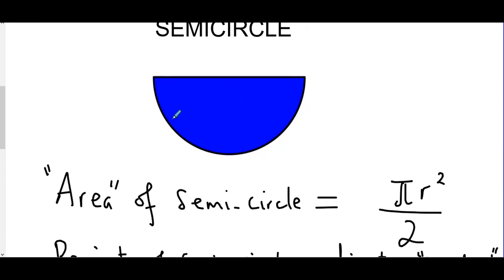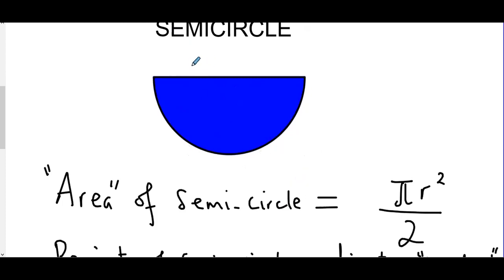So how do we find this part? It is found by taking the circumference of the circle, which is pi d, then dividing by 2.